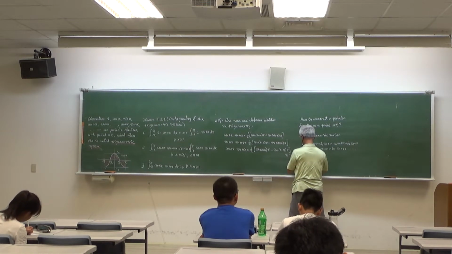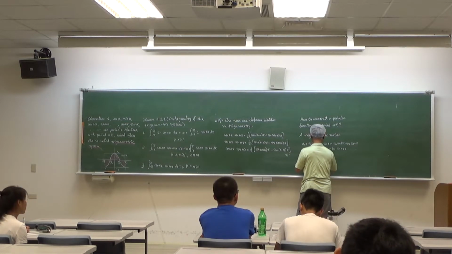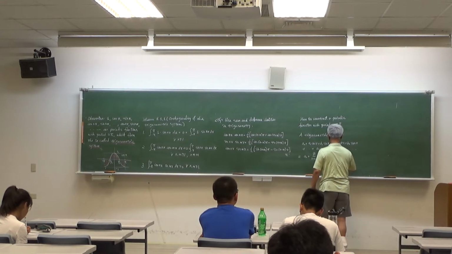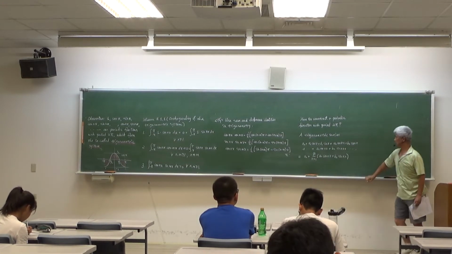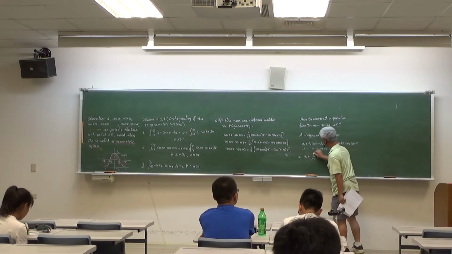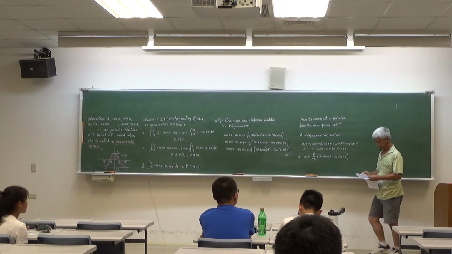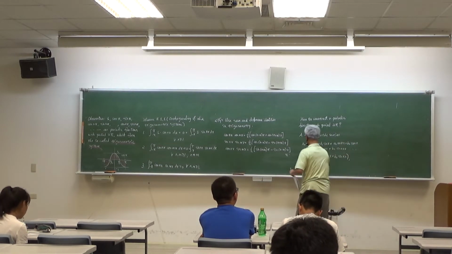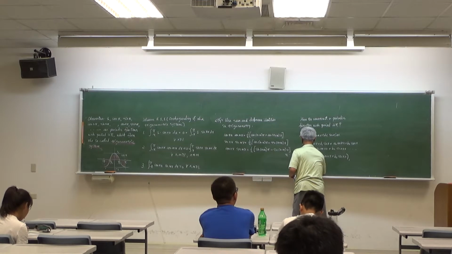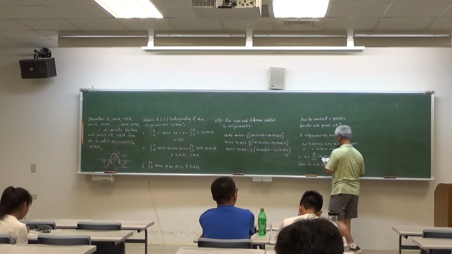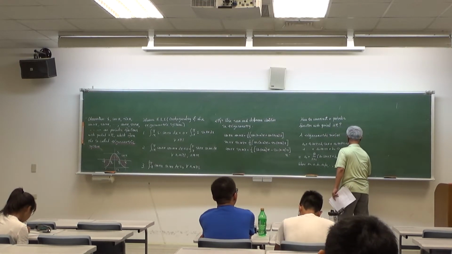A0 plus summation, okay, so this is an infinite series. Alright, so we consider a trigonometric series, where A0, A1, B1, A2, B2, etc., An, Bn are constants.